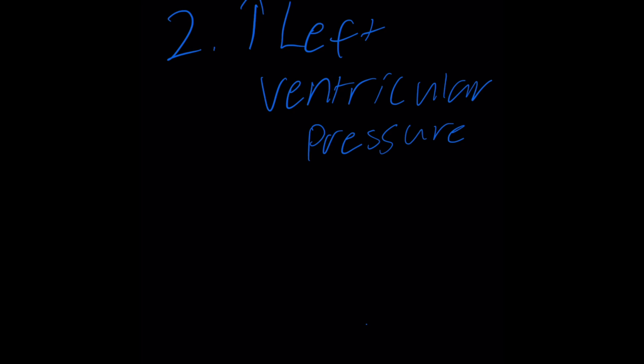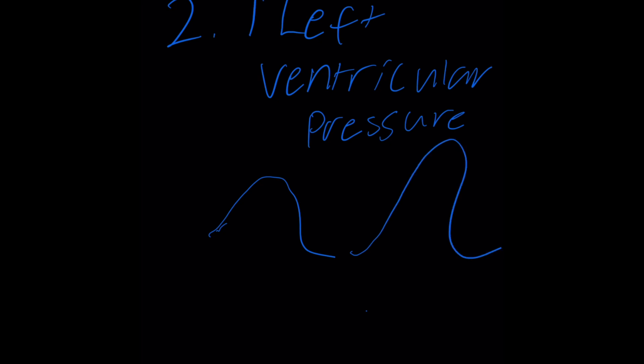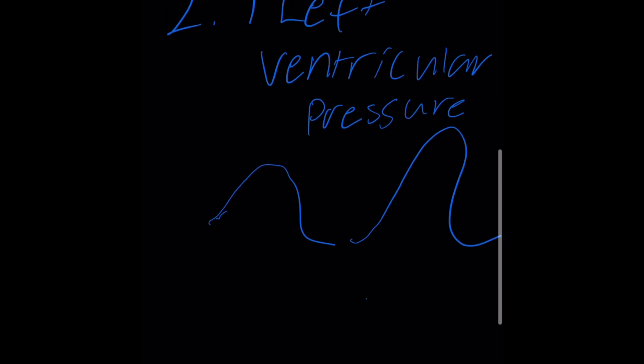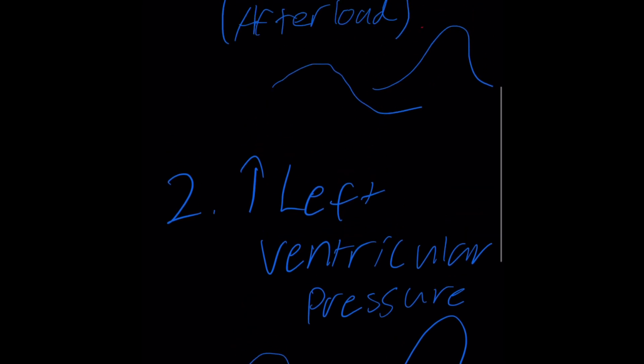Left ventricular pressure is always high, but it might be even higher after. In order to push through the narrowed arteries, the left ventricle has to generate a lot more pressure, and that raises the peak systolic ventricular pressure curve on the diagram. The diagram is just going to be altered slightly. Just like the aorta, we're going to see a pressure increase.